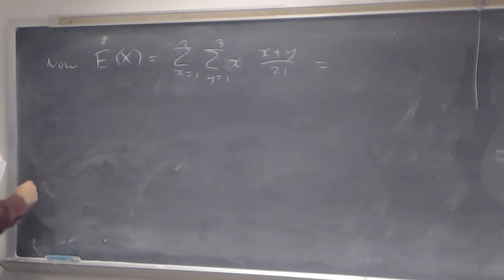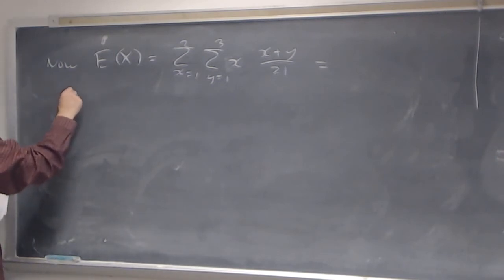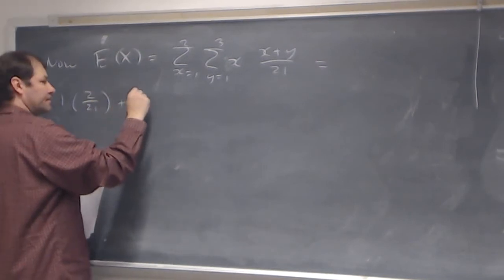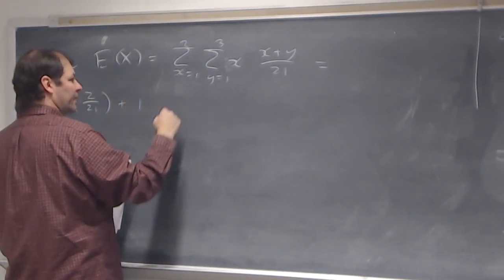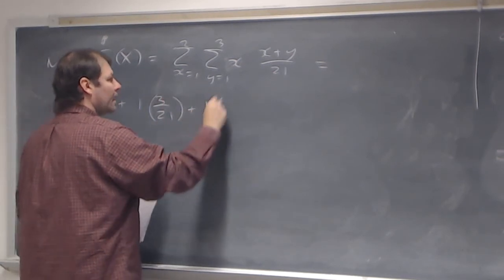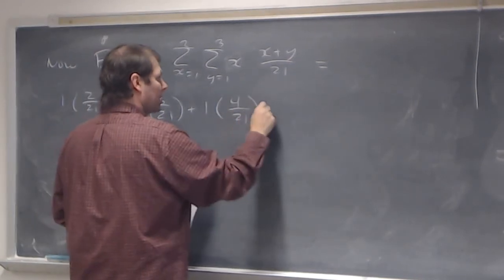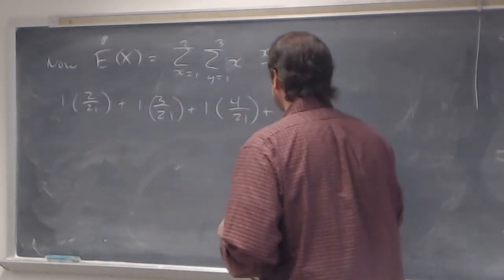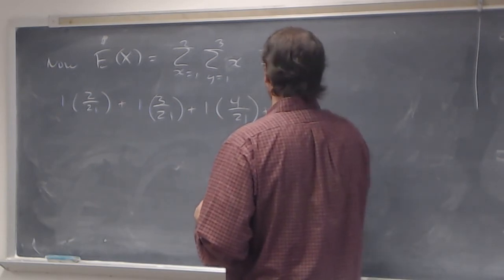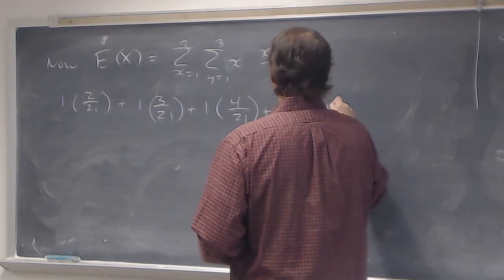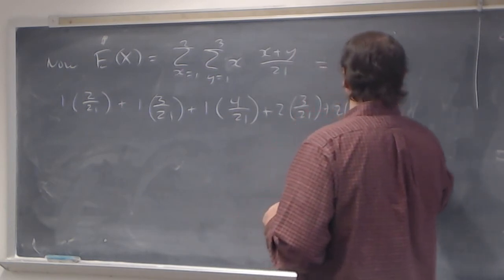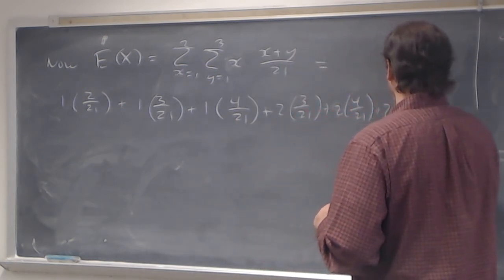So we'll let x be 1 to start off with, so we have 1 times 2 over 21 when y is 1, plus 1 times 3 over 21 when y is 2, plus 1 times 4 over 21. Now when x is 2, and y runs from 1 to 3, we have 2 times 3 over 21, plus 2 times 4 over 21, plus 2 times 5 over 21.